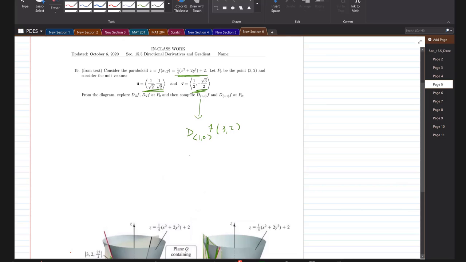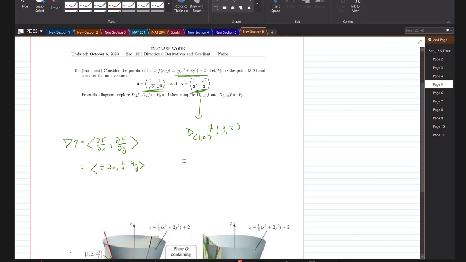But if you were to go do the work for this, by computing our gradient, and our gradient, remember, is the partial of f with respect to x, comma, partial of f with respect to y. So our gradient in this case is 1/4 times 2x, comma, 1/4 times 4y.